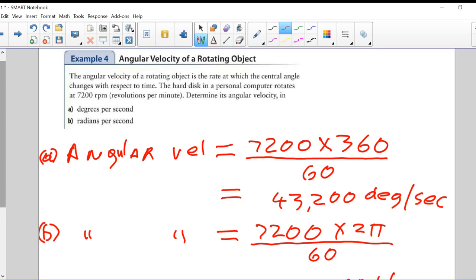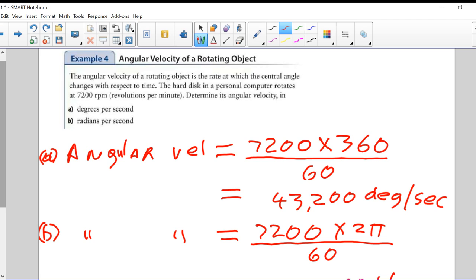Now, if it was per hour, I'm going to have to convert that minute into an hour, which means taking that 1 minute and dividing it by 60.